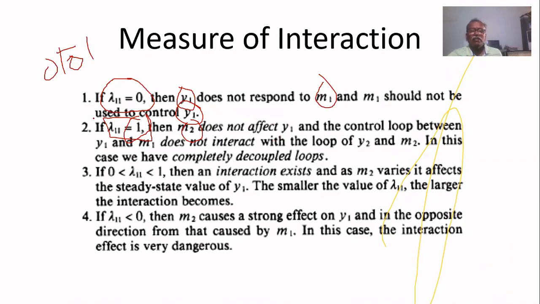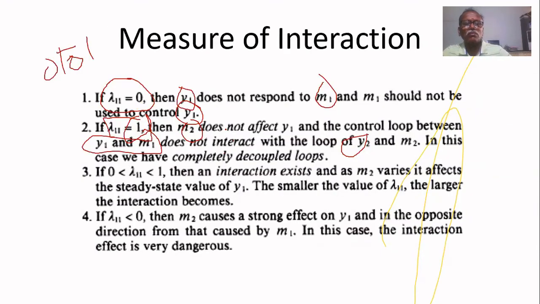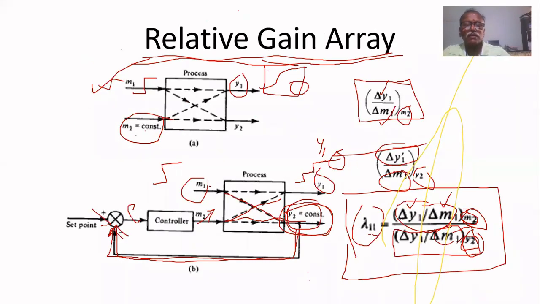And the control loop between y1 and m1 does not interact with loop 2 of y2. Here, if you get lambda 1 1 equal to 1, it means m2 does not affect y1. Whatever you get for this, for this also you are getting the same value, meaning lambda 1 1 equal to 1.